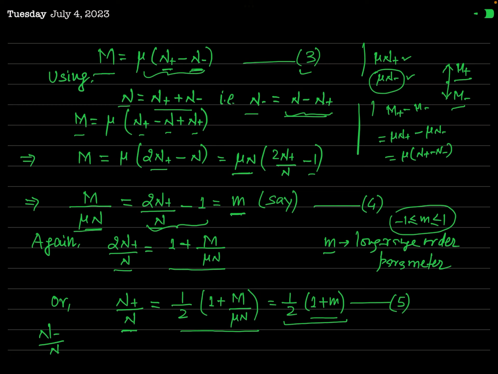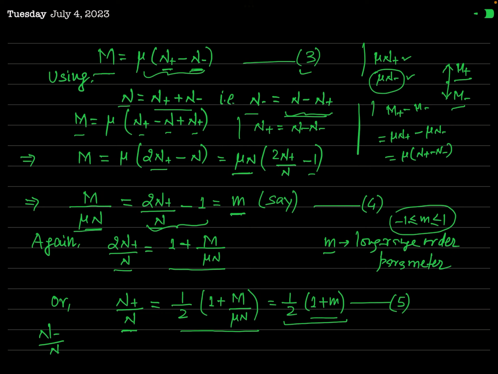And in the similar manner, we can replace this n plus from this equation 3. For that, you can see this n plus will be simply equal to n minus n minus. When this is replaced, your result will be n minus 2n minus. So in place of 2n plus, there will be 2n minus.